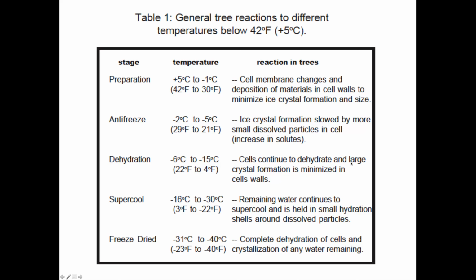What tends to happen with this is that these crystals start forming outside of the cell. The water that gets moved outside of the cell occurs outside of the cell walls, and this does not break the cell.